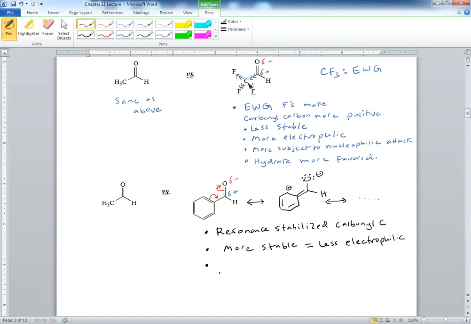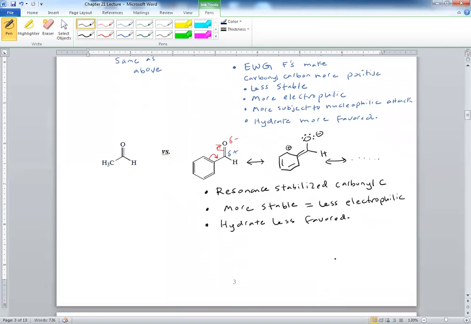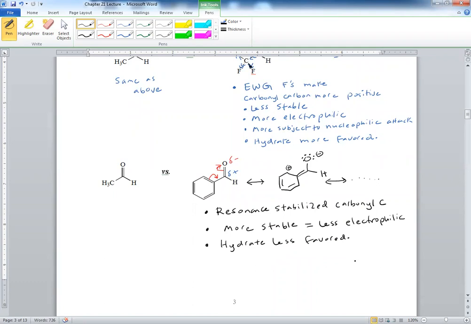So if it's less electrophilic, then the hydrate is less favored. So if you were to summarize this in a few words, you would say the more stable the aldehyde or the ketone is, the less favored the formation of the hydrate will be.